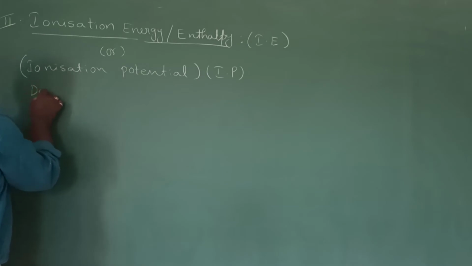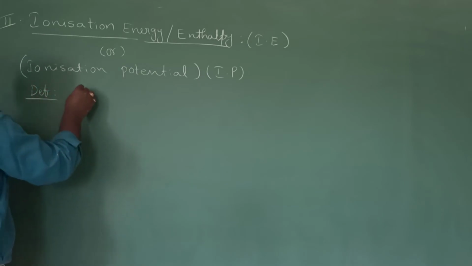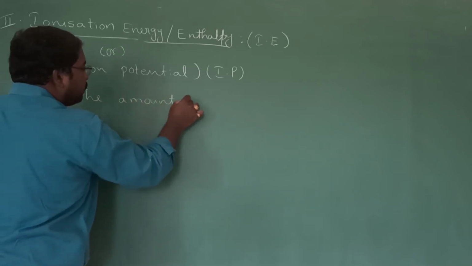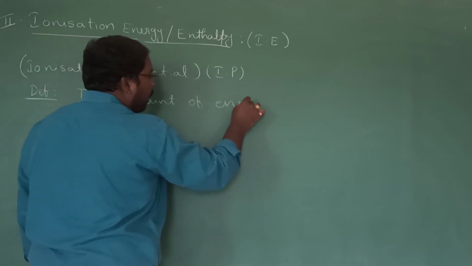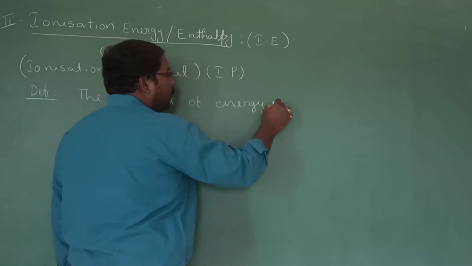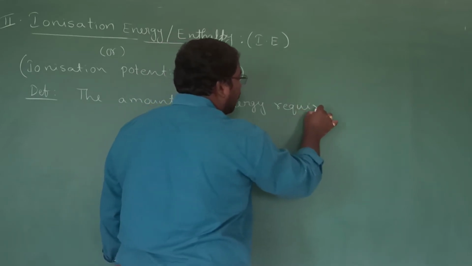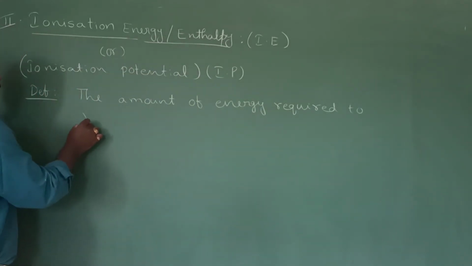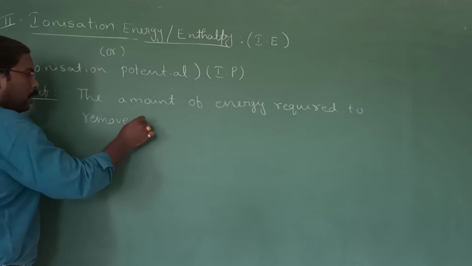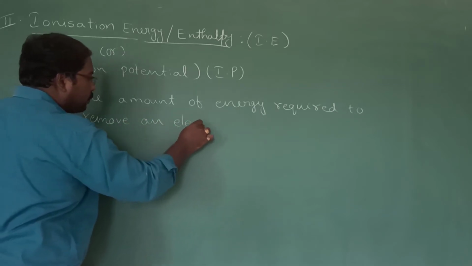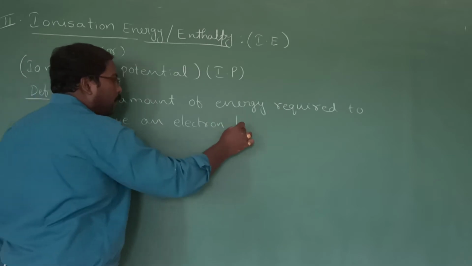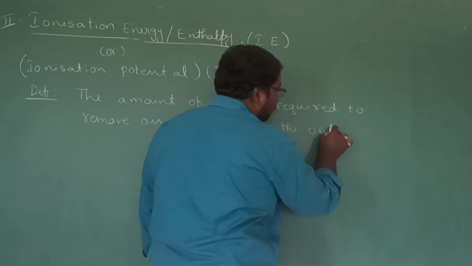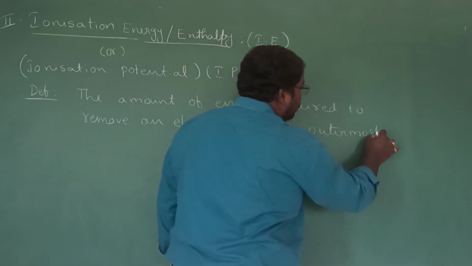So first, coming to the definition of ionization energy. It is nothing but the amount of energy required to remove an electron from the, remember this point, from the outermost orbit.